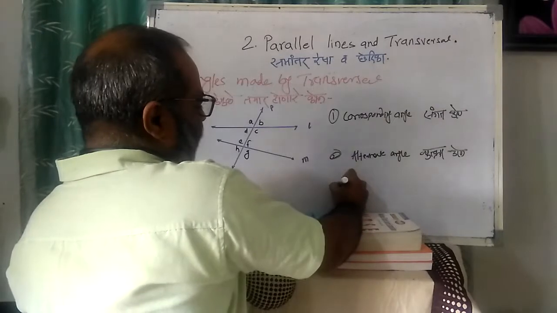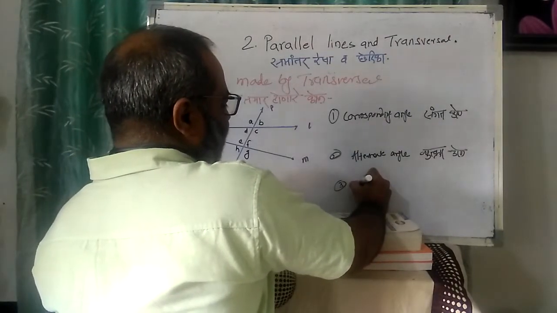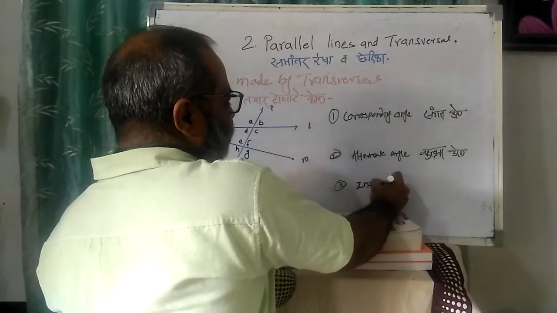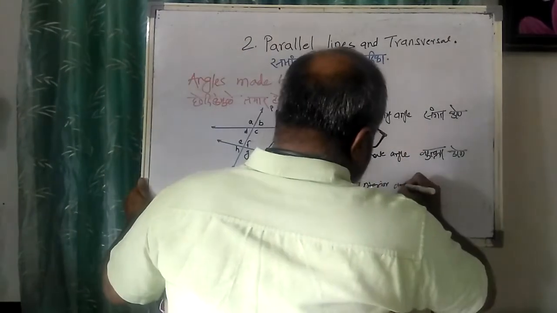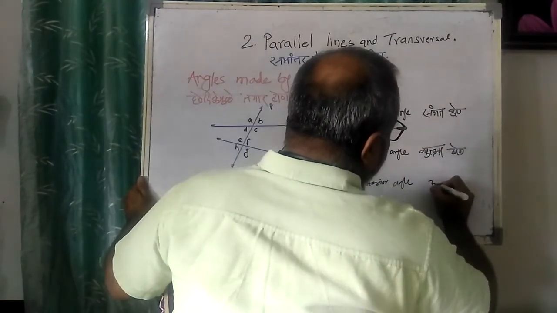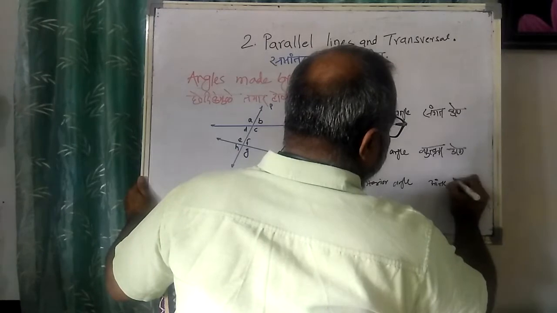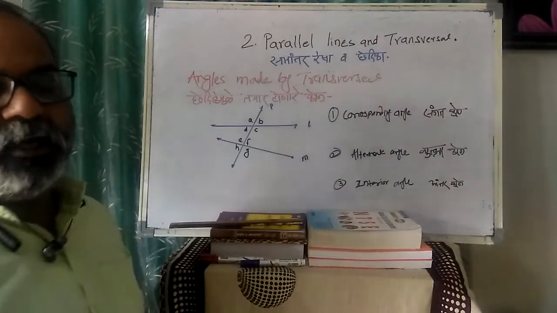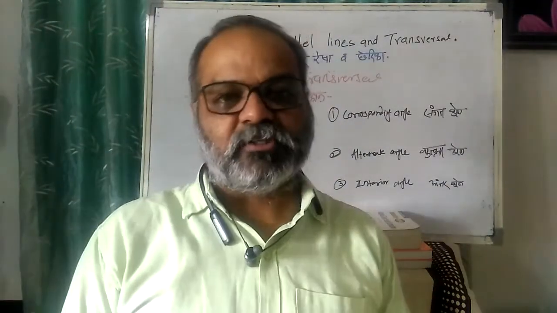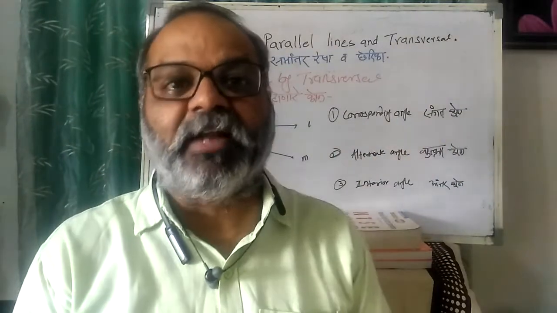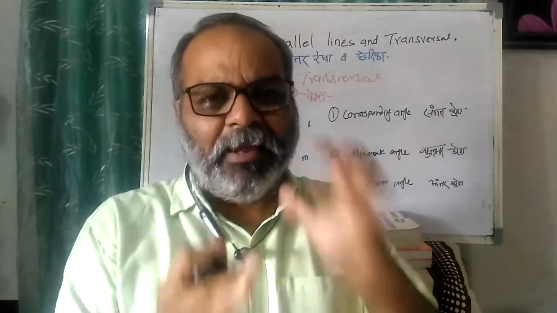And third angle or third pair is called interior angle. It is called as अंतरकोन. त्याला आपण काय म्हणतो, अंतरकोन. म्हणजे दोन लाइन आणि वन ट्रान्सव्हर्सल, इट फॉर्म्स डिफरंट अँगल्स. सो इट इज सम पेयर्स ऑफ अँगल्स.